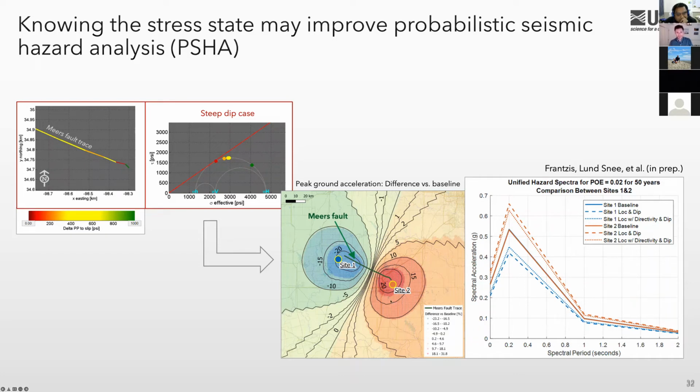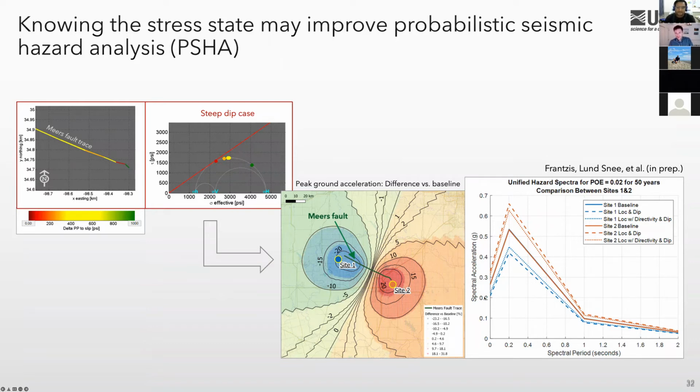And so in this case, we're looking at a fault in Southwest Oklahoma, and we're considering some fictional cases of how this fault could fail if we allow the stress field to change, or allow the fault orientation to change. And then we're modeling what the change in spectral acceleration or ground shaking would be at either one of two different sites on either end of the fault.